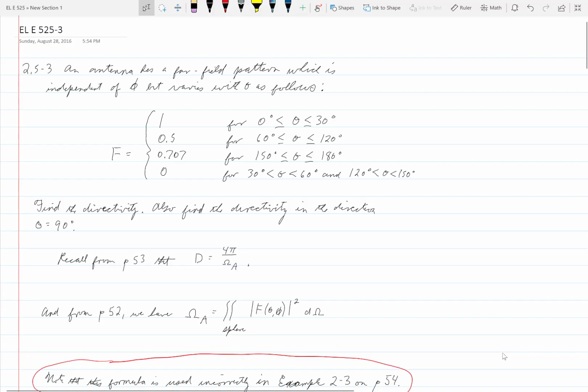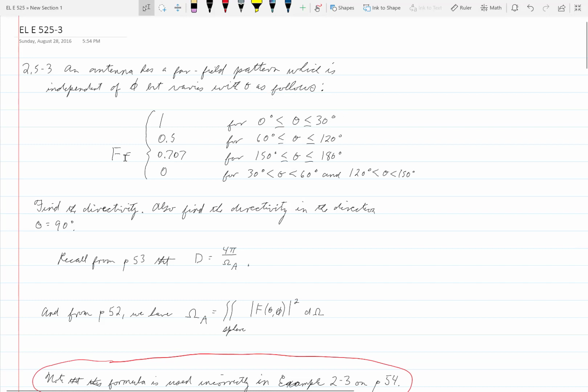Welcome to Lecture 3 of Electrical Engineering 525. The first problem we will look at in this lecture is problem 2.5-3, which says that an antenna has a far-field pattern which is independent of phi, but varies with theta as follows.